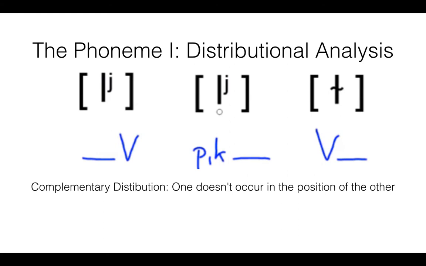For example, here you have this palatalized l over there, which can't occur in this position here, and vice versa. This sound here, which is palatalized and devoiced, can never occur in this context or in that context. It occurs only in this context. So this is complementary distribution.